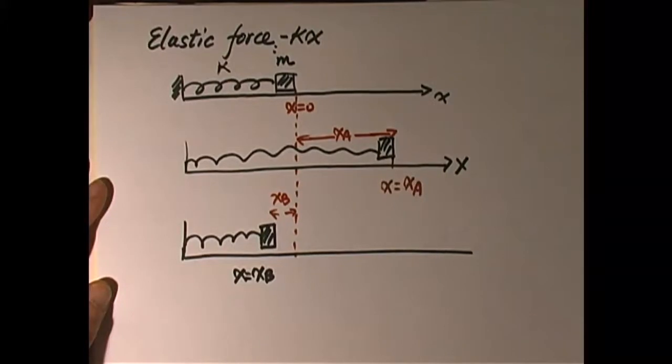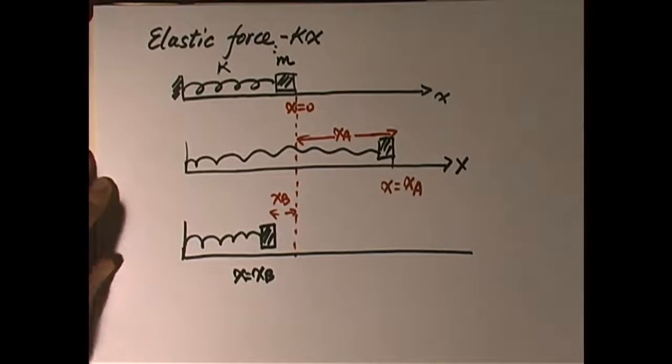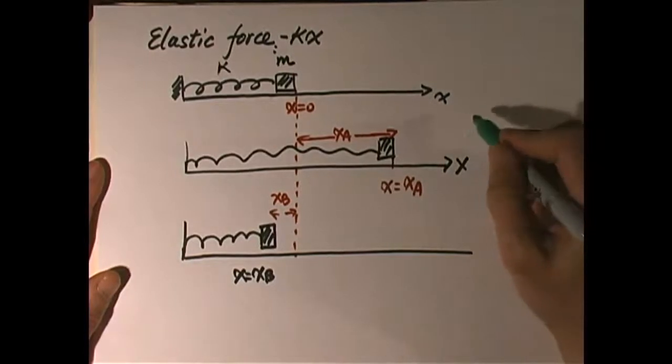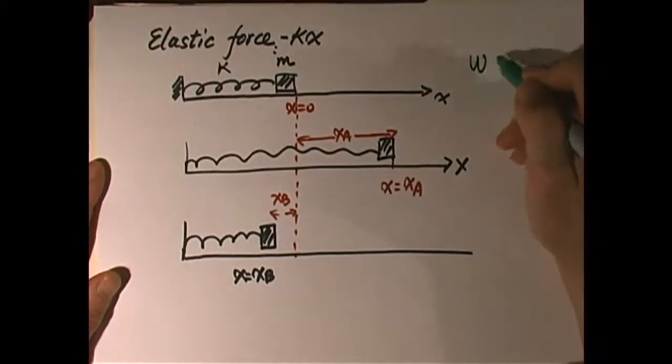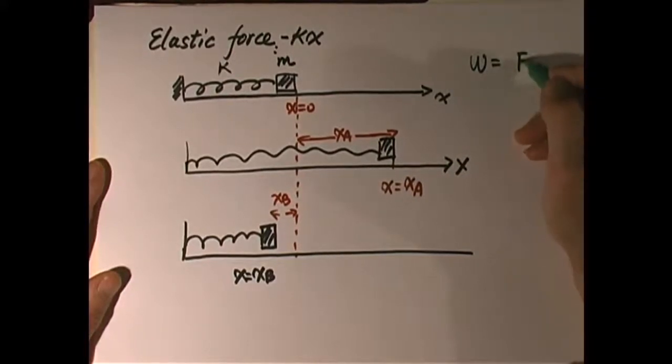Now, probably you will say this is not a closed path. Don't worry about it, because we're going to work out the work done from A to B. Then later we will let the block go back from B to A. Okay, so we finish one complete path. So we're going to do the calculation. We say that work done equals the integral of f dot dx.